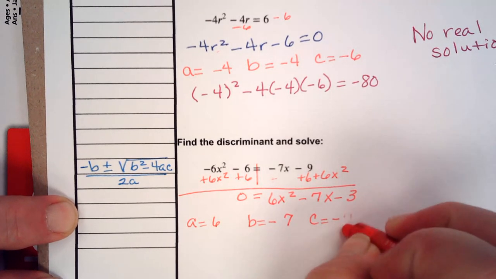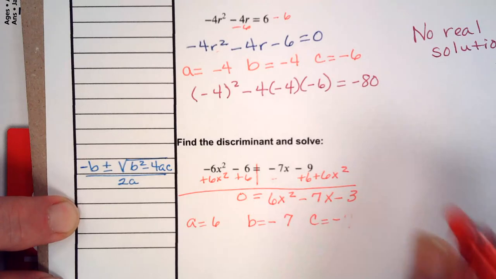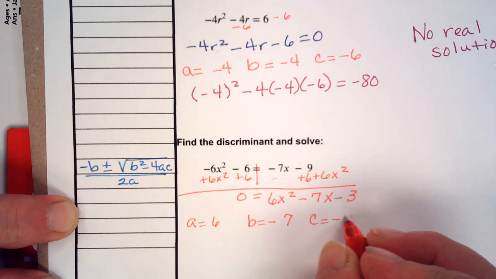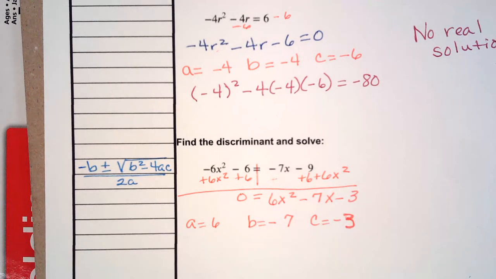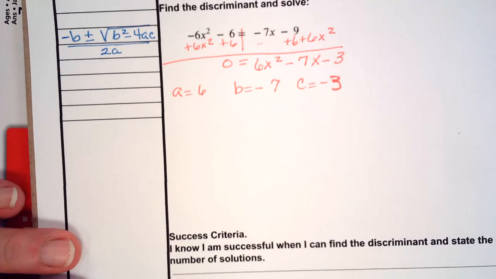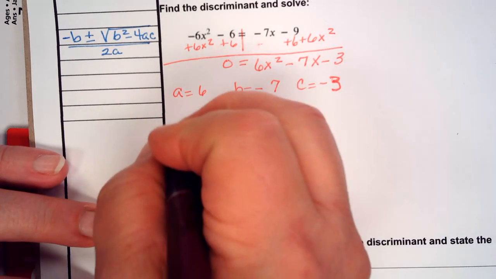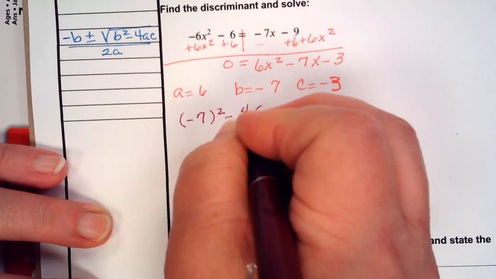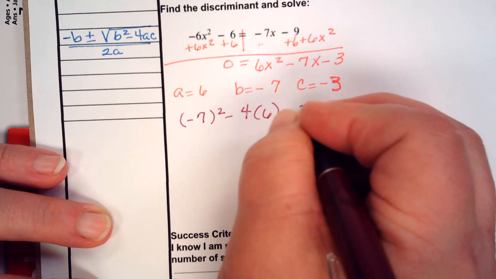A is the coefficient of x squared, which is 6. B is the coefficient of x, which is negative 7, sorry. And C is the number, which is negative 3. Okay, let's put it all together. So I've got negative 7 squared minus 4 times 6 times negative 3.